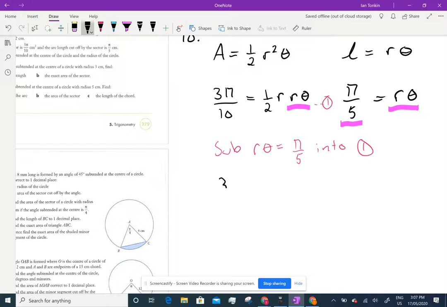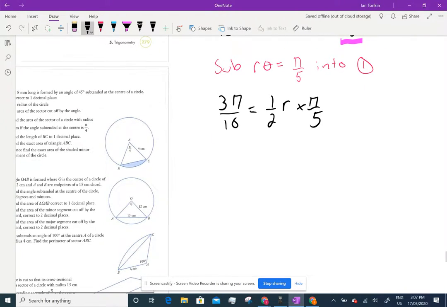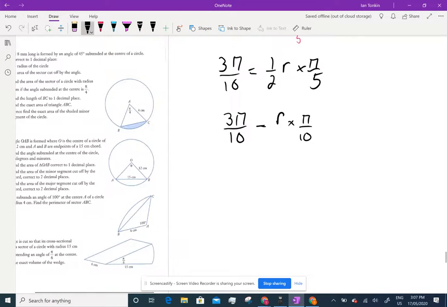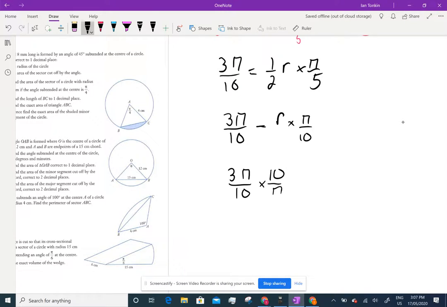Here we go. I get 3 pi on 10 equals a half r times pi on 5. Now, I'm going to multiply that 2 and that 5, so I get 3 pi on 10 equals r times pi on 10. Well, it's pretty obvious that r is going to be 3, but what do we do? We're going to multiply that 10 across, 3 pi on 10, multiplied by the 10 and divided by the pi, equals r. Well, what happens to the 10s?